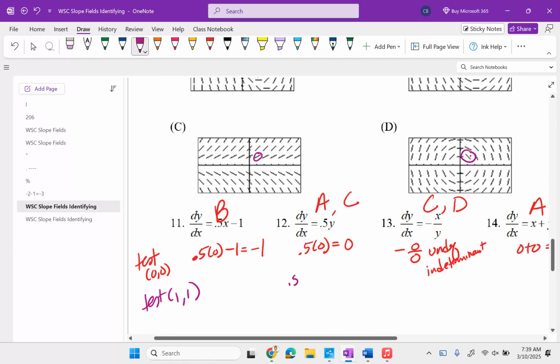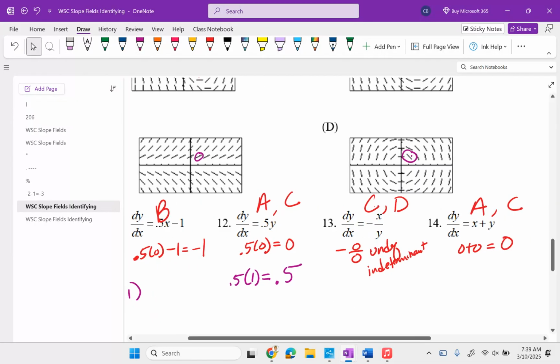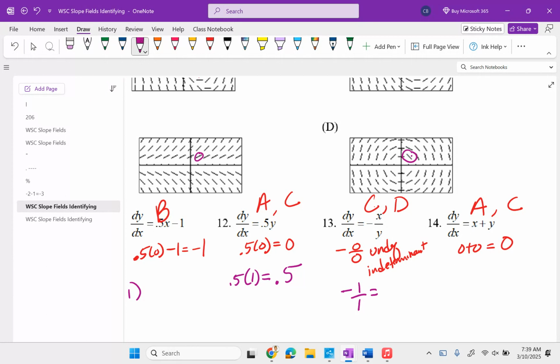If I put 1 in here, what does that give us? 0.5. If I put 1 in for the x, 1 in for the y, what do I get? -1. Good.